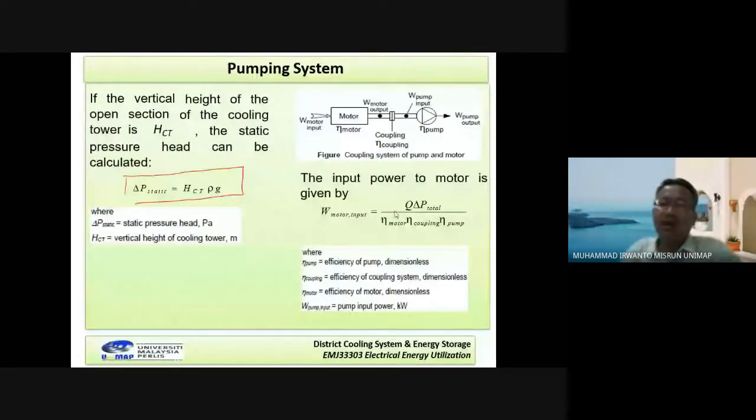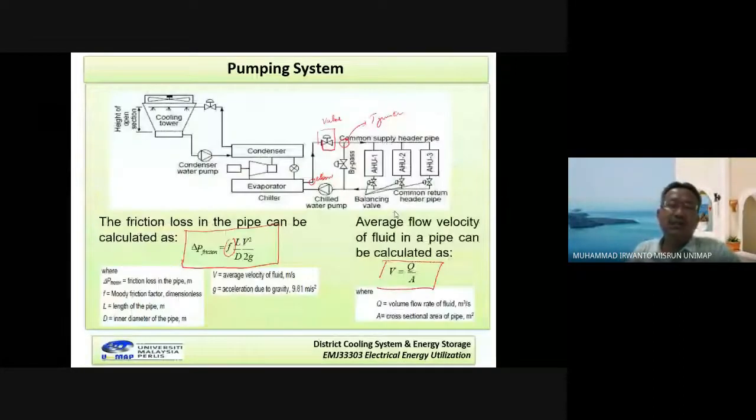Okay, now all this process, meaning chilled water flows through all the pipes, is conducted by the pump here, and this pump is operated by this motor. So how much energy, how much power is needed to operate all of this? It is given by this.